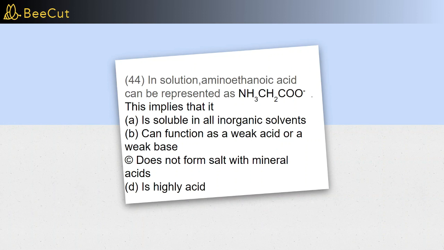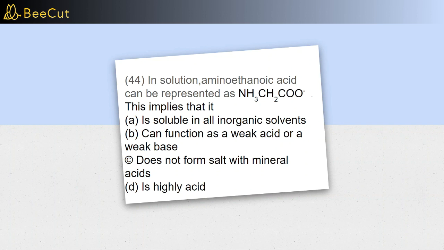Number 44. In a solution, aminoethanoic acid can be represented as NH3+CH2COO-. This implies that A, is soluble in all inorganic solvents, B, can function as a weak acid or a weak base, C, does not form salt with mineral acid, D, is highly acidic. A is the answer, which is soluble in all inorganic solvents.